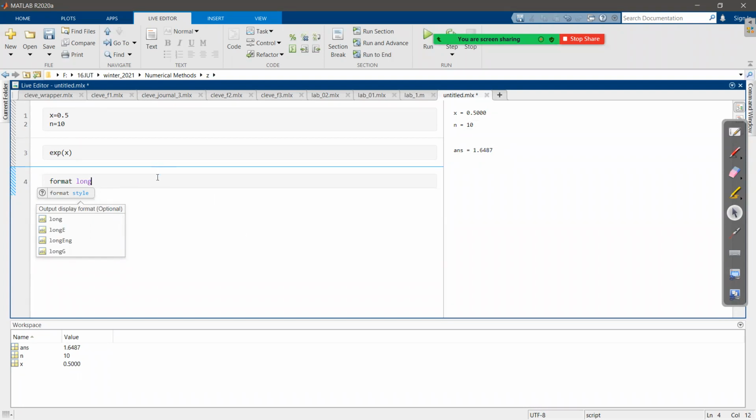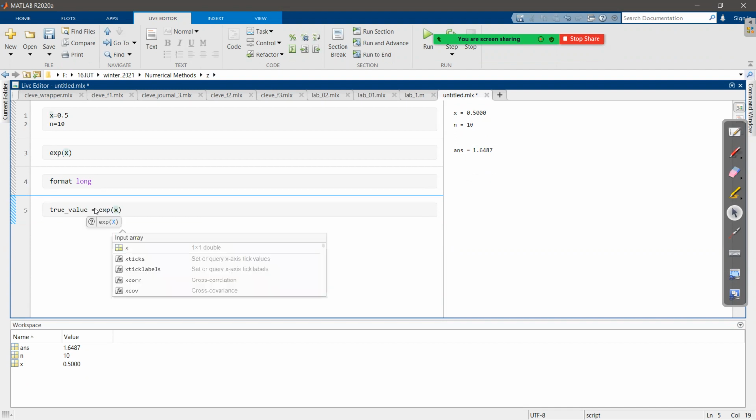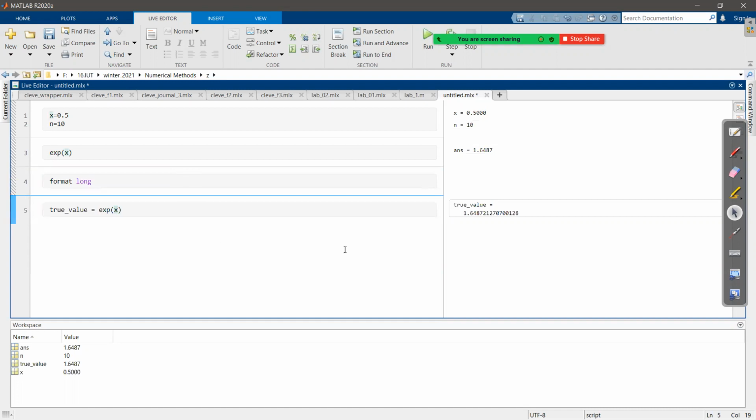This is the short format. If I write format long, and next calculate my true value equal to exp of x and run it, now you are getting 1.6487 up to 8 digits and beyond. This is the best approximation that we are making for now. So this is my true value.